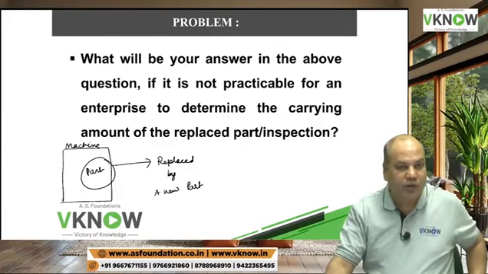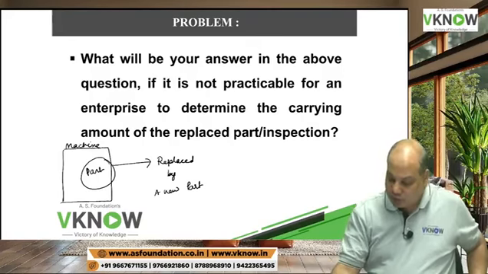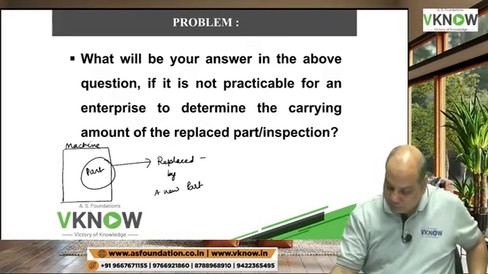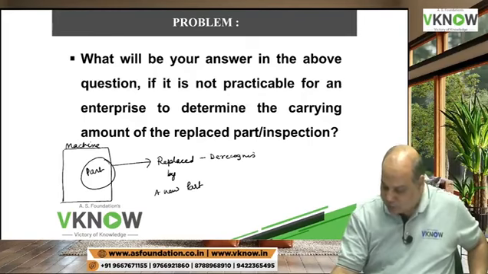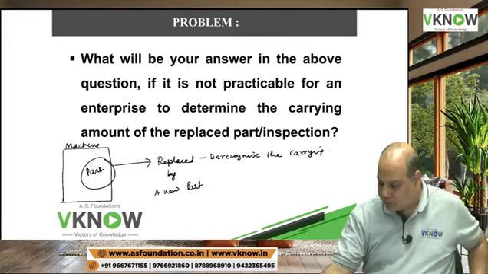A simple example would be a car. The car has a longer life, the tire may have a shorter life. So what I have to do, the standard says de-recognize the carrying amount of the old part.